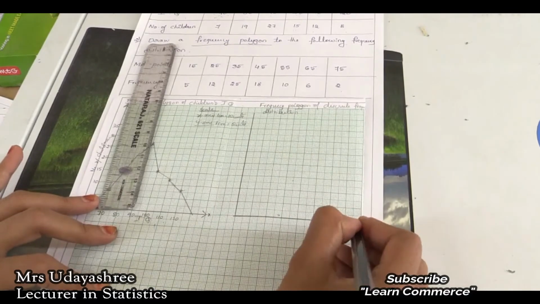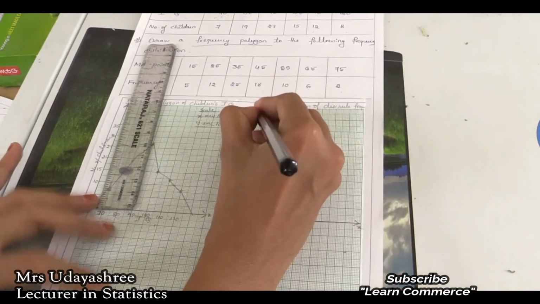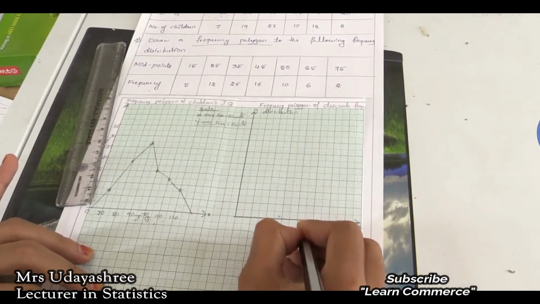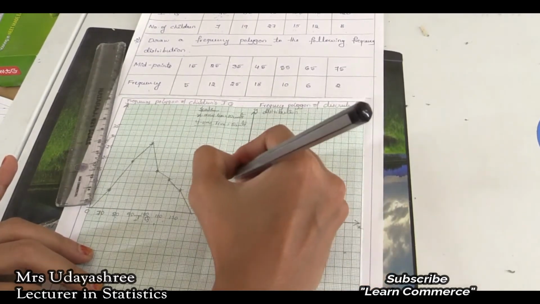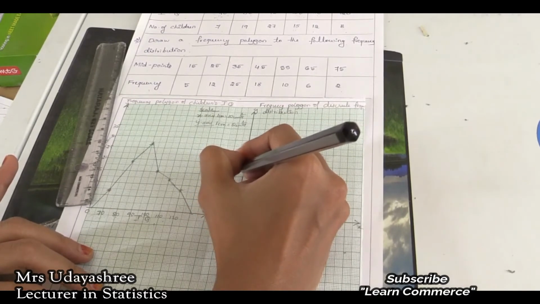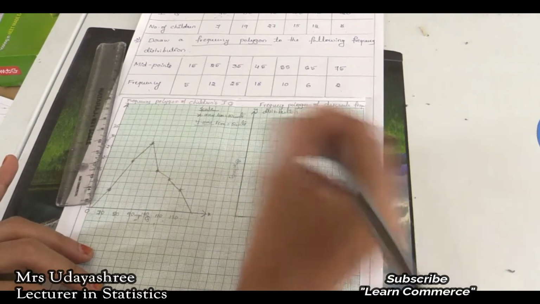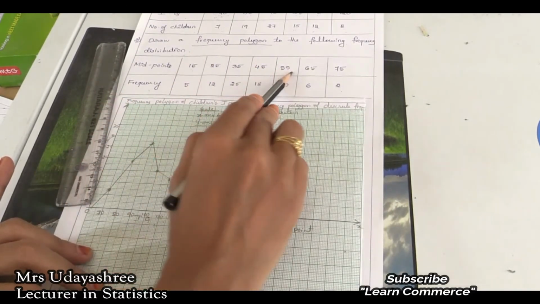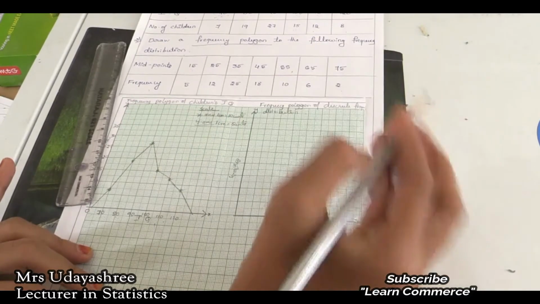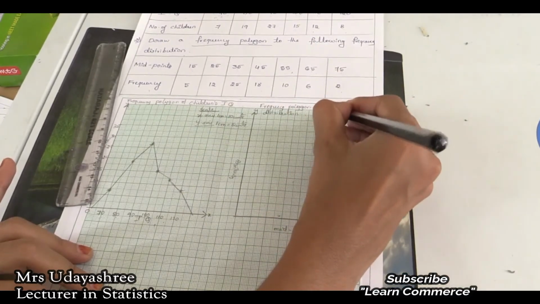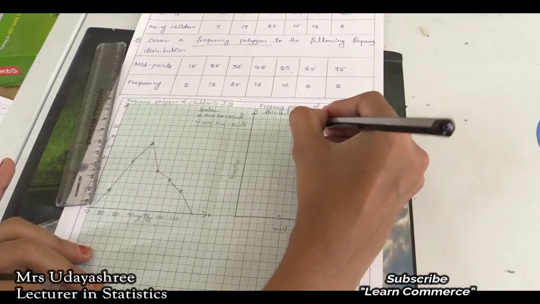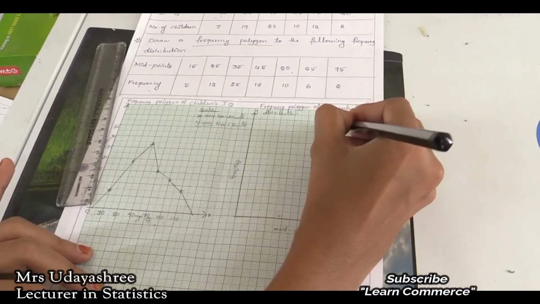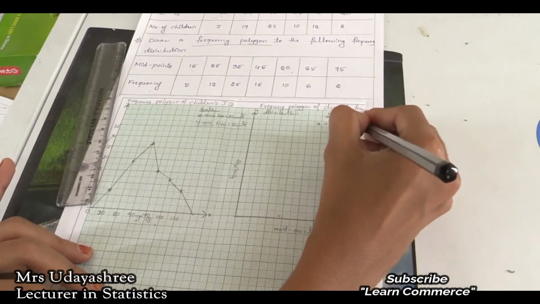Here this is the x-axis and this is the y-axis. The midpoint is along the x-axis and the frequency is along the y-axis. The midpoints are 15, 25, 35, 45, 55, 65 and 75. Therefore a suitable scale for the x-axis is 1 centimeter equal to 10 units.